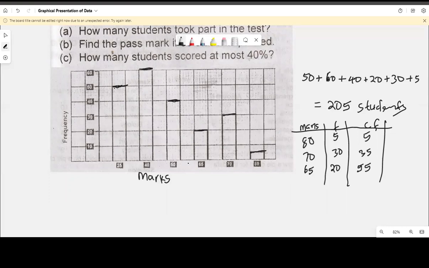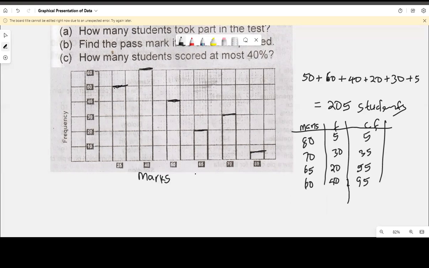The next mark is 60. How many students score 60? 40 students. 40 students plus 55 is 95. And which value was that? Is this 40 or 50? Sorry, this is 50, not 40.